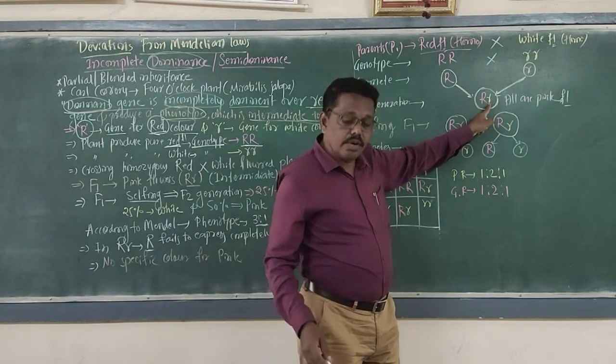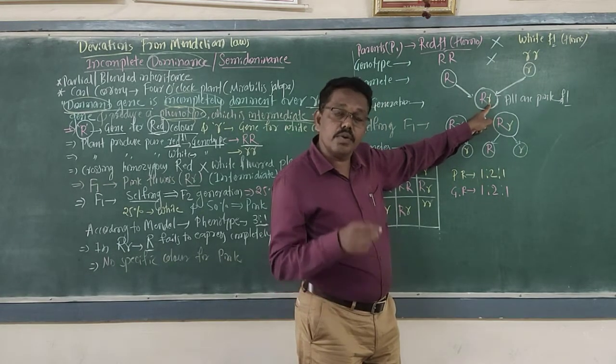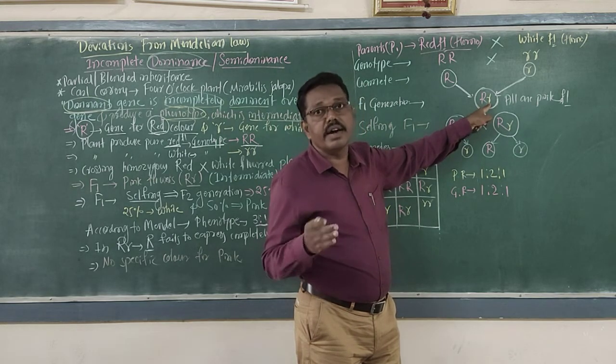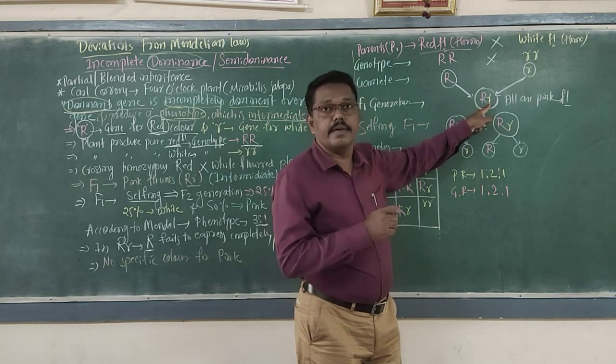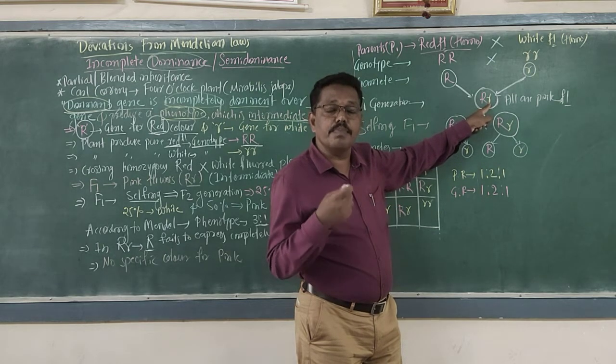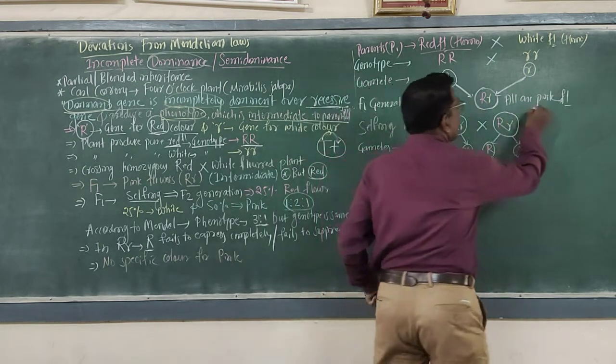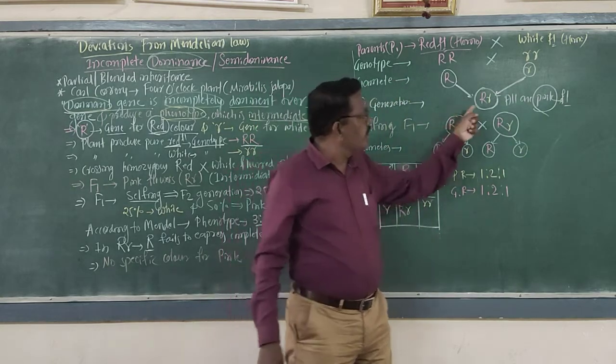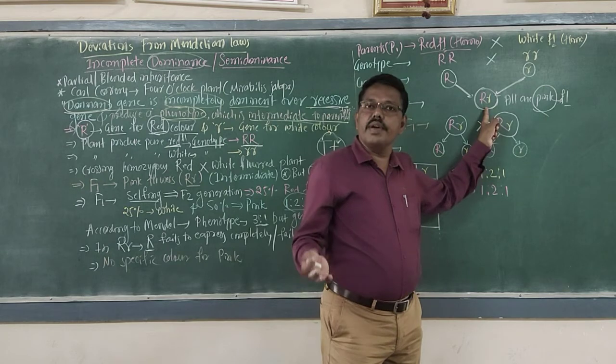Within the F1 generation, we do not get a red color flower, nor a white color flower. Here we get a new type of flower producing plant. That one is pink flower. Here Mendel's first law will fail, I think.